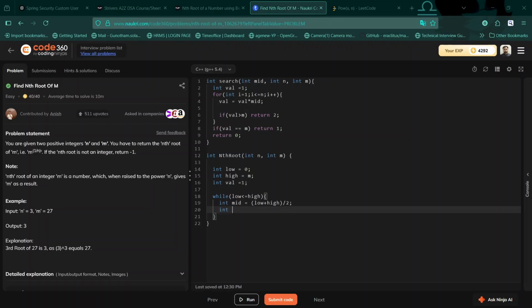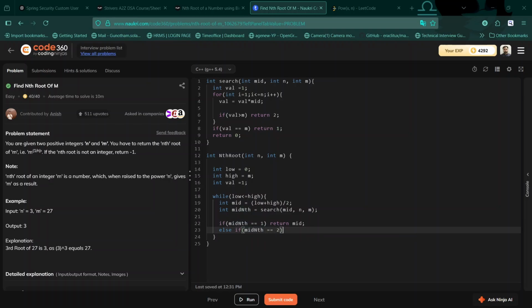I can use something like midN equals search of mid comma n comma m. Now we check whether midN is equal to 1, then I can return the value of mid.